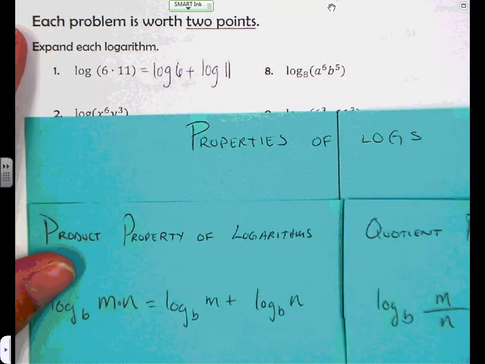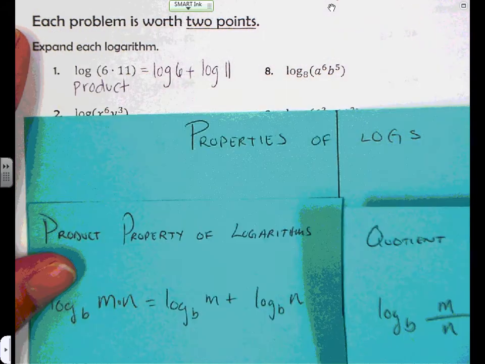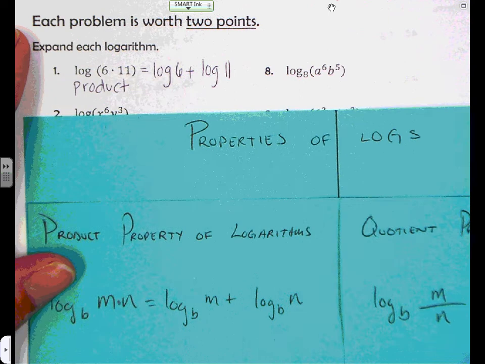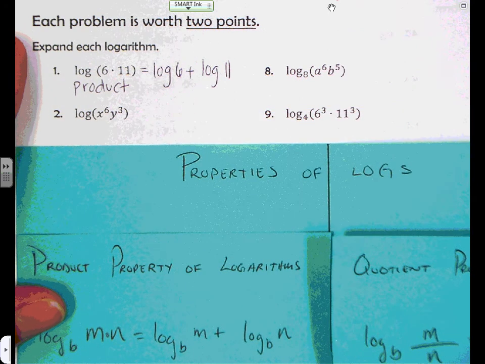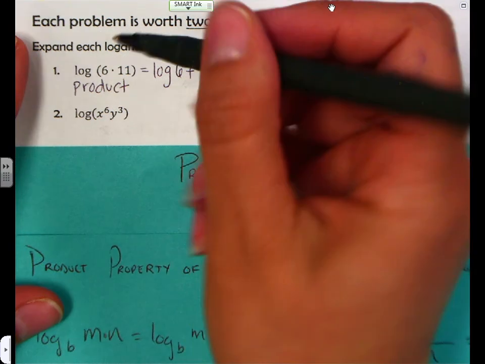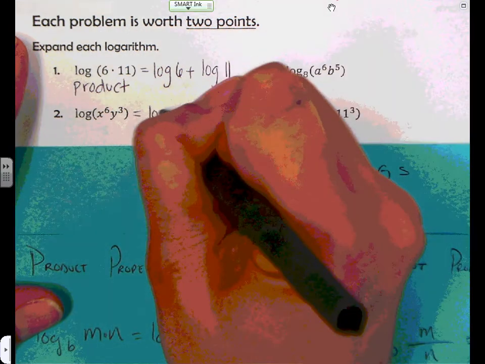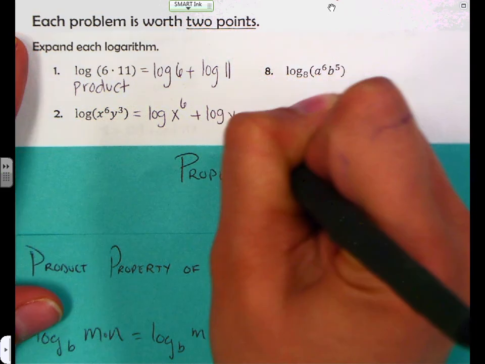What's the property that we use? It is the product property. I want you to write down the product and the rewriting of it. If you look at number 2, you are multiplying the two exponents. So the first thing you're going to do is separate these into log x of 6 plus log y of 3.